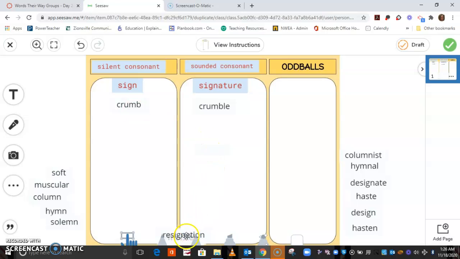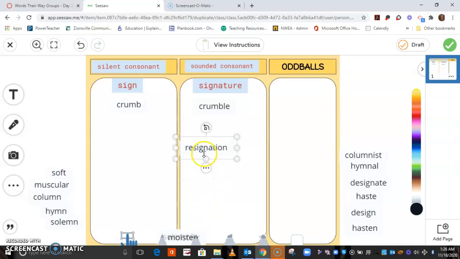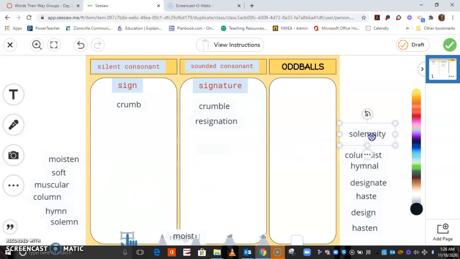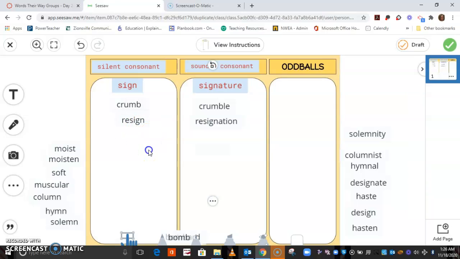Let's see. Resignation. We hear all of those sounds. Here is the one with the silent consonant. We have resign.